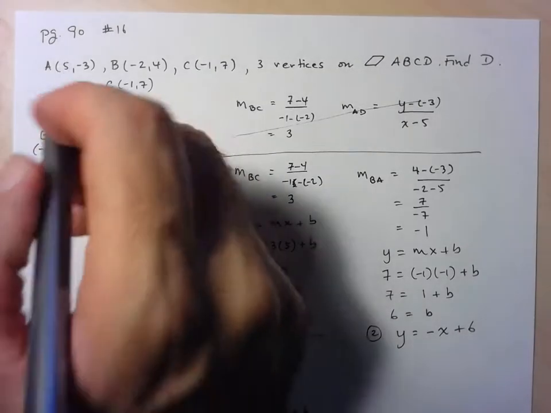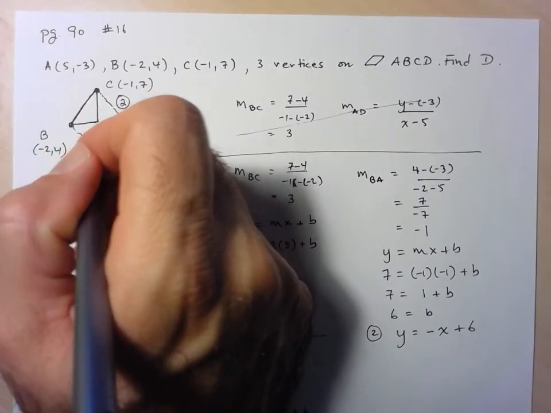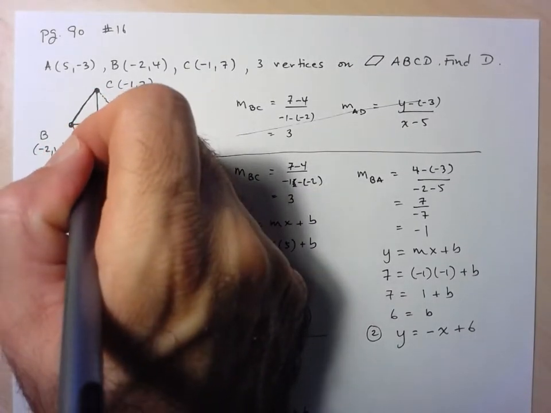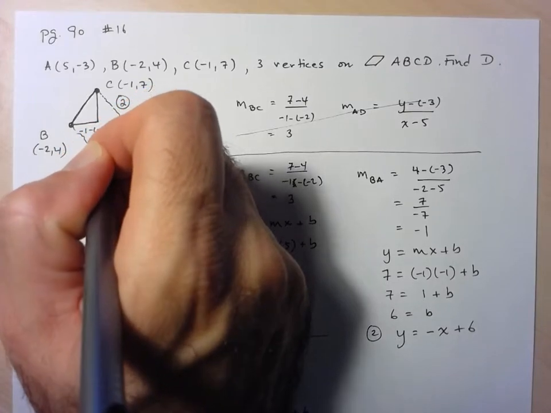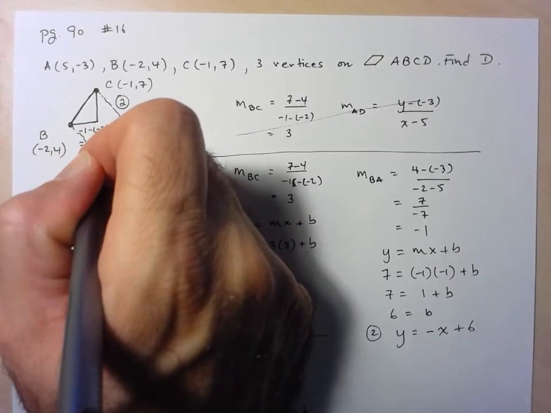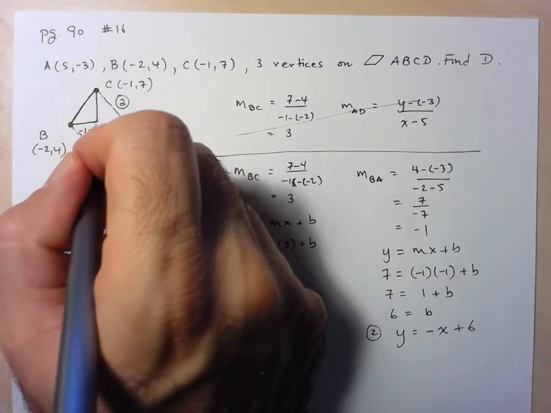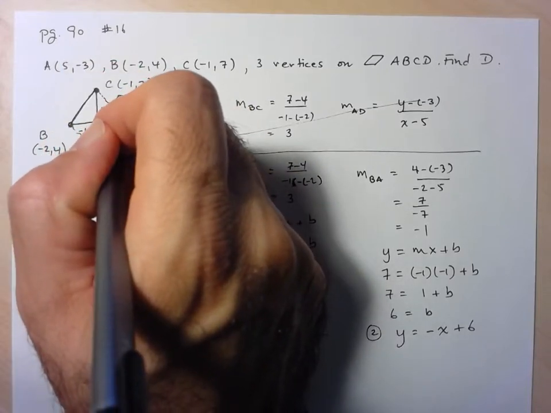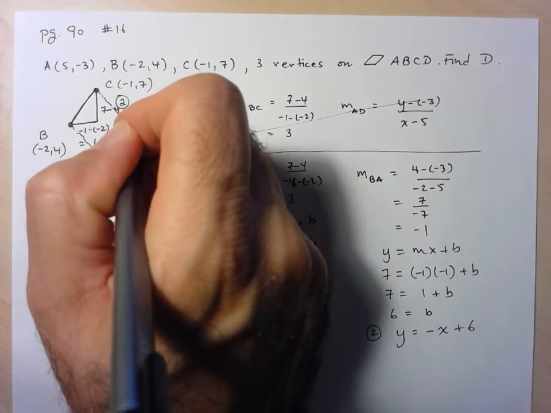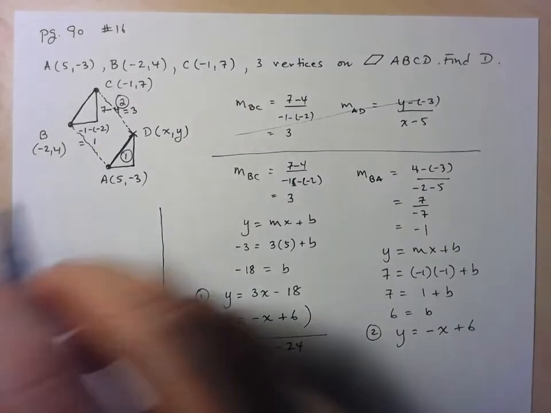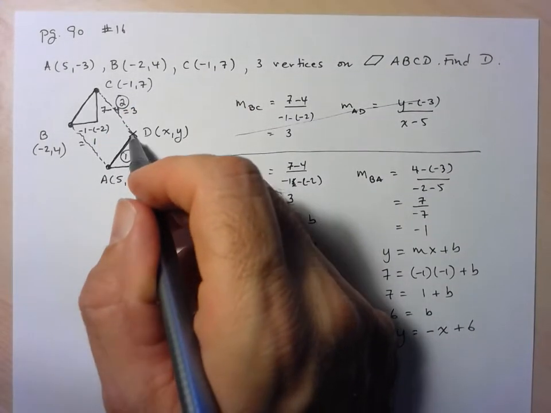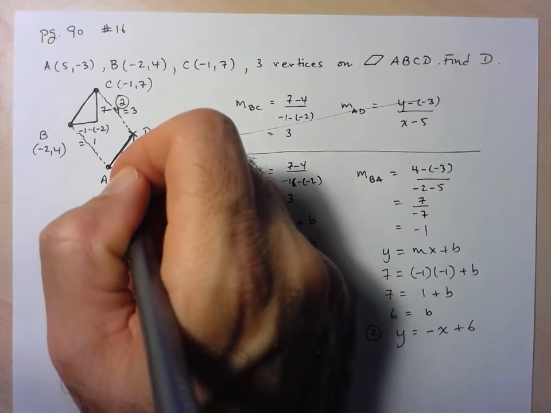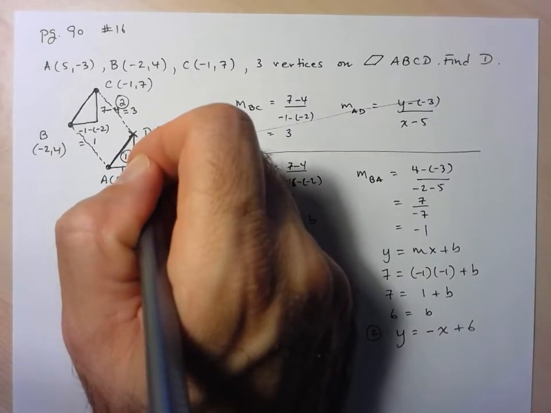So here, what's my run? Well, it's negative 1 minus negative 2, which we already calculated before is just 1. And what's my rise here? My rise is just 7 minus 4, which is equal to 3. So for this side, I need a run of 1 and a rise of 3.